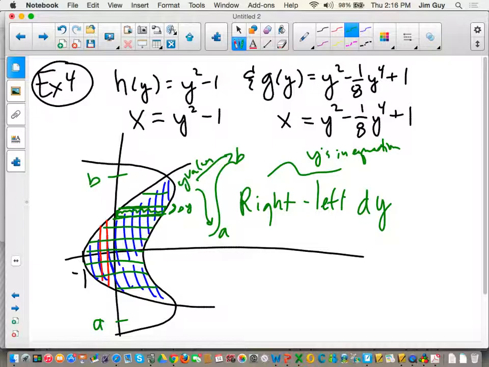So for this problem, we would have to find these values, and just to save time, I'll tell you after you set them equal to each other, you would find out they're -2 and +2. So we're going to go from -2 to +2, y values.